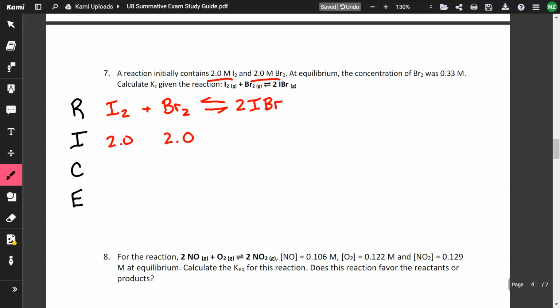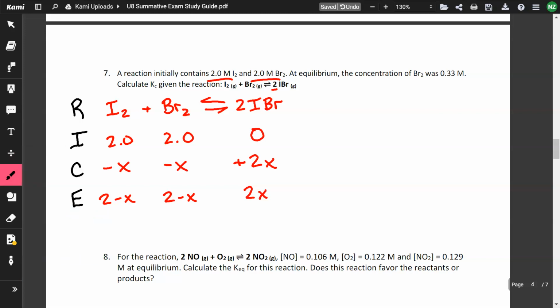It does not give us an initial concentration of our IBr, so we'll just put a 0 in. Reactants go down. No coefficients, so it'll just be minus x. We do have a 2 in front of our IBr, so this will be going up by 2x. And then we just combine everything. So 2 minus x, 2 minus x, and then 2x.